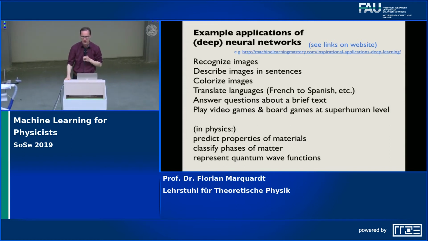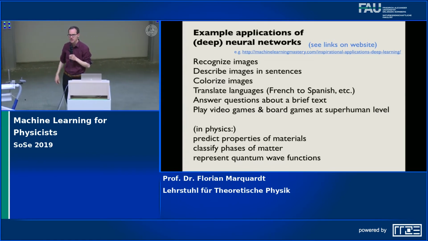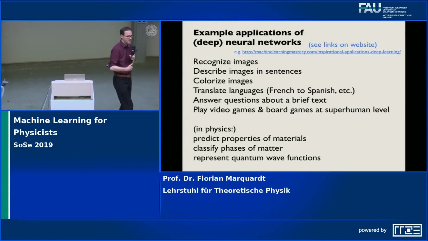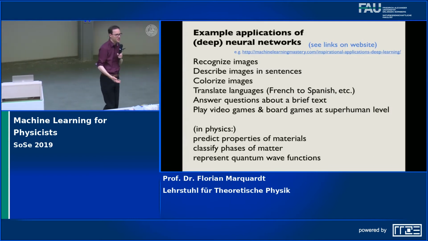Neural networks have learned to translate languages, so you put in a string of sentences, you get out a string of sentences. The current version of Google Translate, as far as I know, works on this level. They have been trained to answer questions about a brief text, so you tell the neural network a little story, and then you ask questions, and then it can answer these questions.